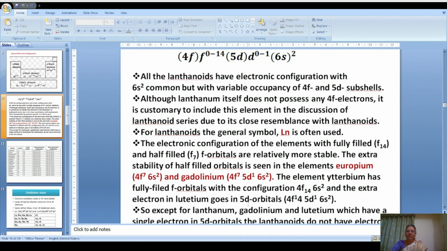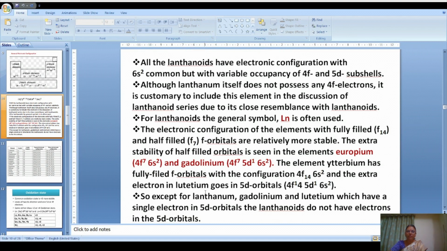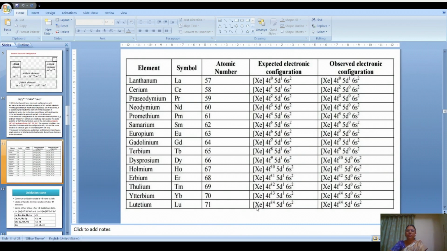The element ytterbium with fully filled f orbital with the electronic configuration 4f14 6s2, it is also stable due to extra stability associated with a fully filled configuration. Except lanthanum, the elements gadolinium and lutetium have a single electron in the 5d orbital, but the remaining lanthanides do not have an electron in the 5d orbital.